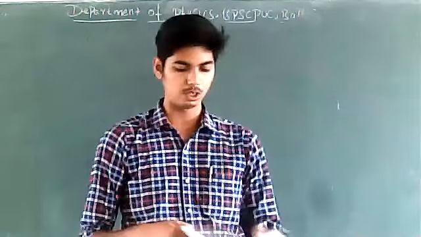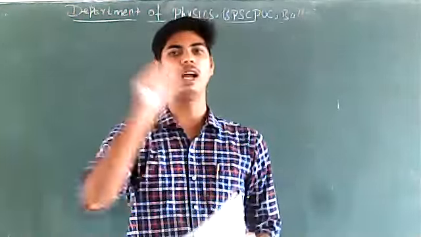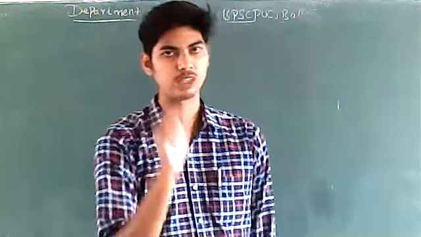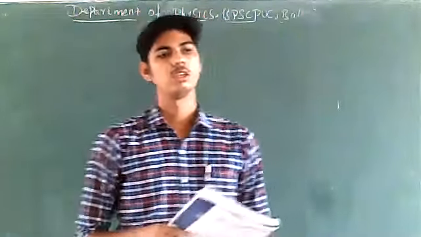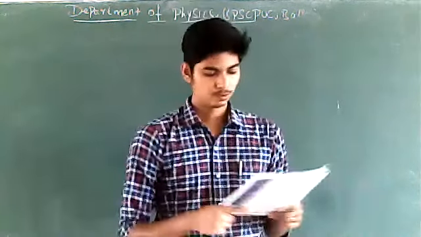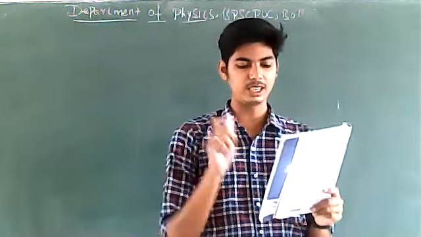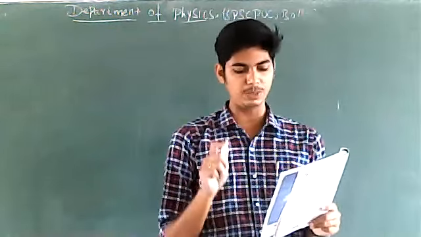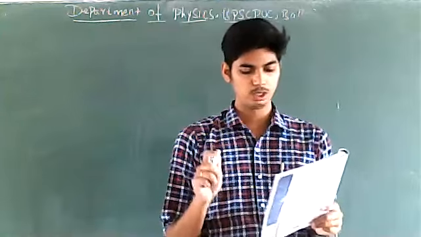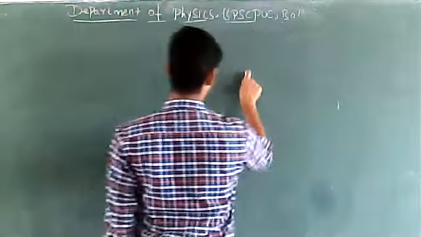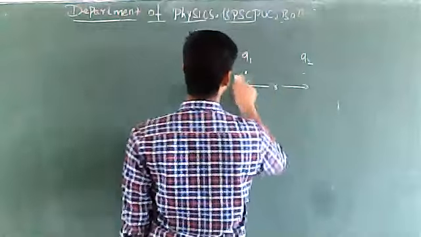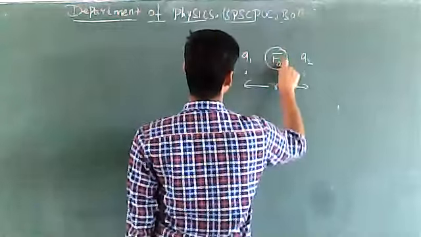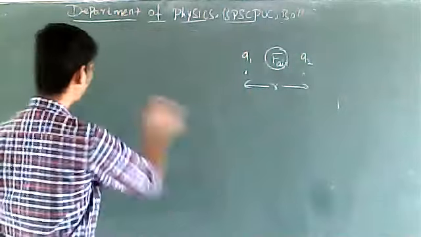Next you have a problem on charges in presence of air and in presence of a medium. You need to calculate the force between two point charges in air and that in a medium. Two point charges, say Q1 and Q2, placed at a distance r in air experience a certain force, F air.